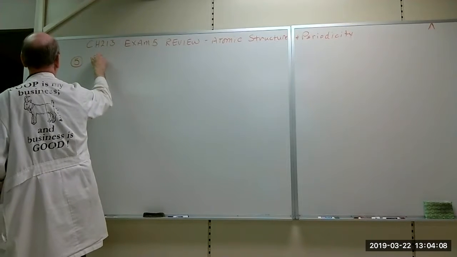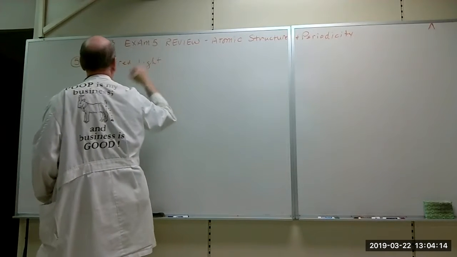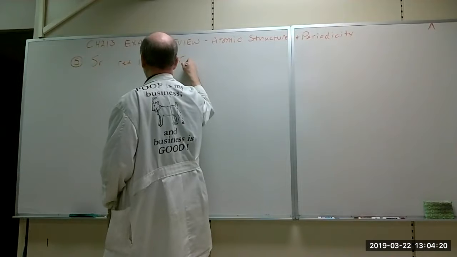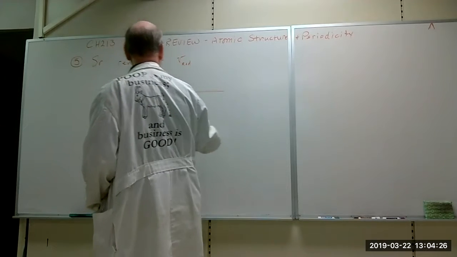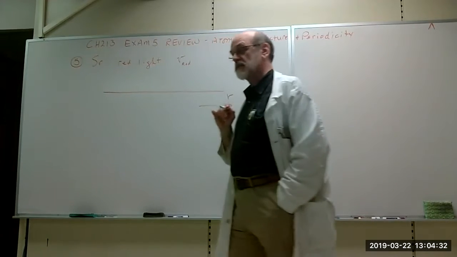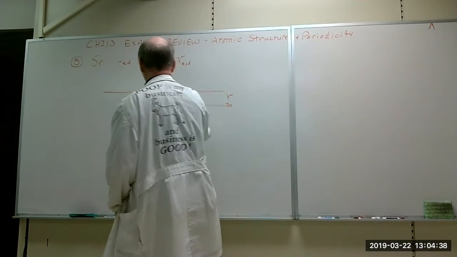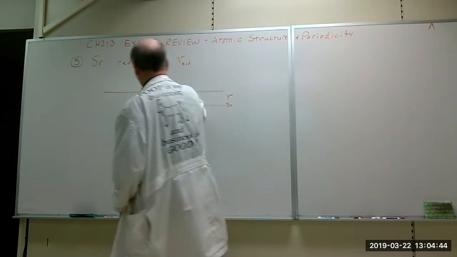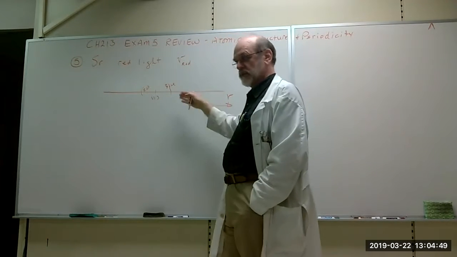So if strontium is a red light, and it has a particular frequency for that red light, then if you draw a line like this, and your frequency is increasing in that direction, you have a visible range in here, but within that visible range you have red on this end and blue on this end, because blue is a higher frequency than red.